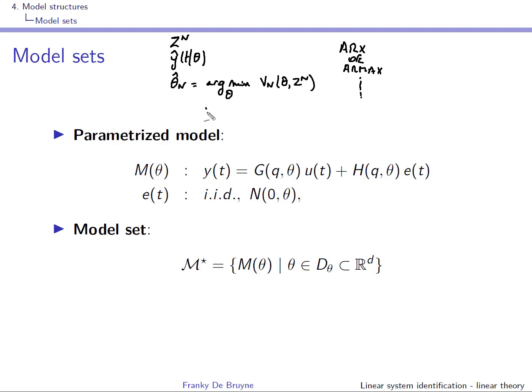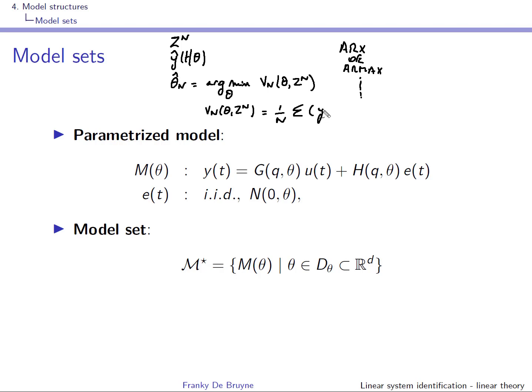You can imagine that this cost looks at the difference between the measurements and the predicted output, and what we'll very often use is simply the sum of the residuals squared.